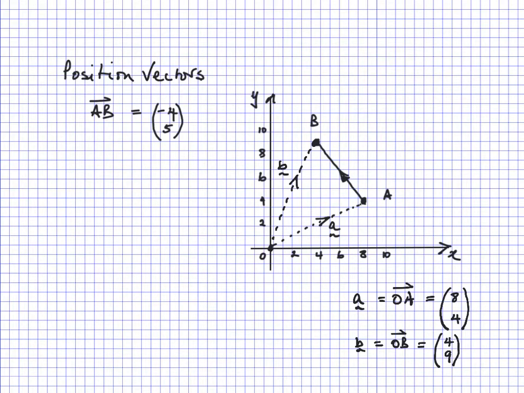Now let's go to our diagram. We're going to start at the point A and we want to finish at the point B. How do I get from A to B? Well, the direct route is fine, but there's an alternative route, which I hope you can see.